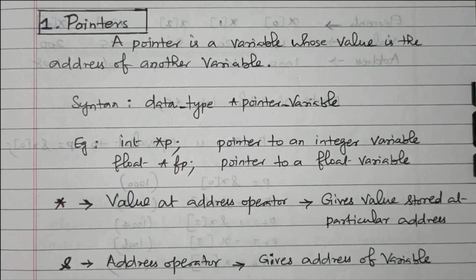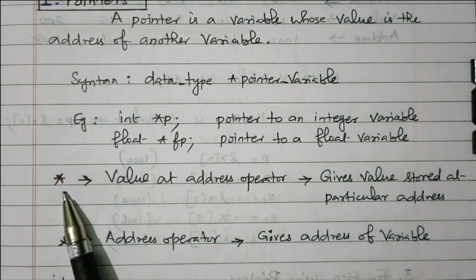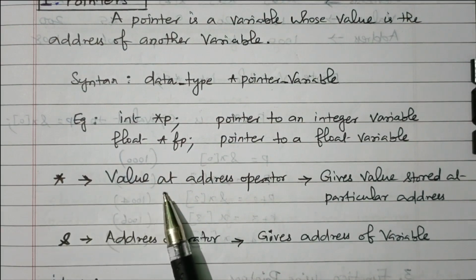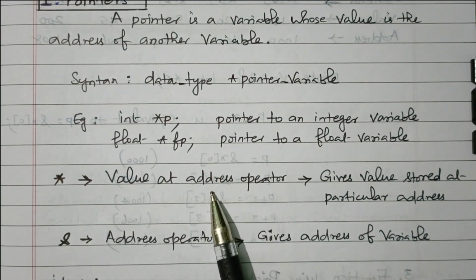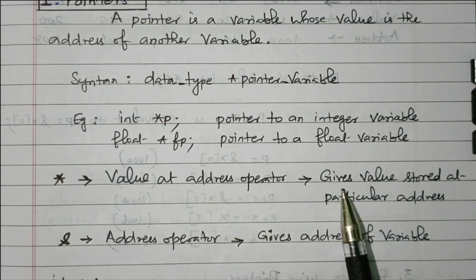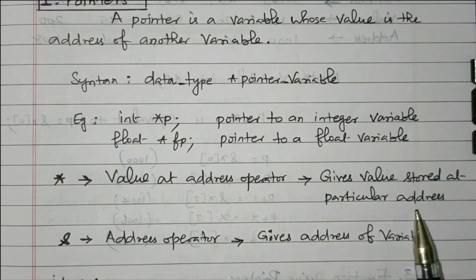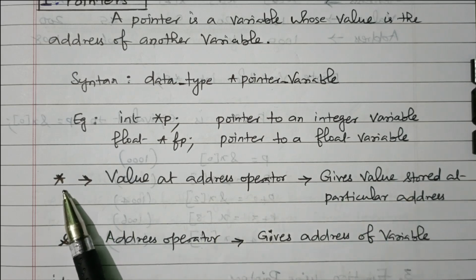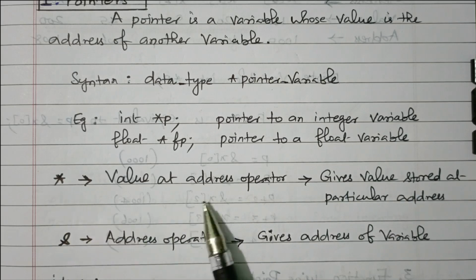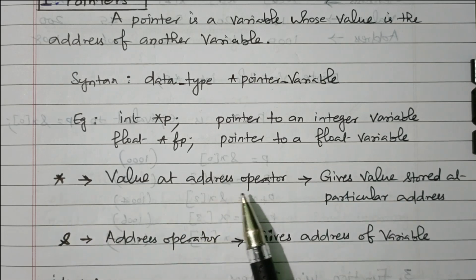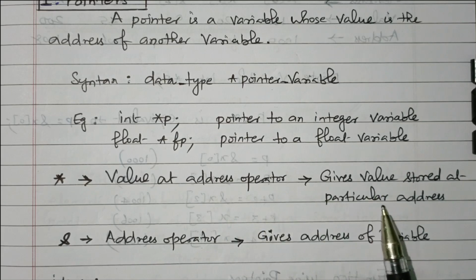Now we'll see the further details. So the star indicates value at the address. Value at address operator gives the value stored at the particular address. So if you refer the star, what will it return? The content of the address will be given by this star. This ampersand operator, address operator, will give the address of the variable, the address where it is stored.